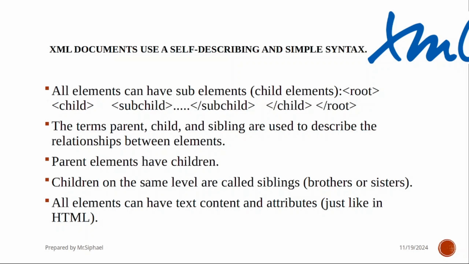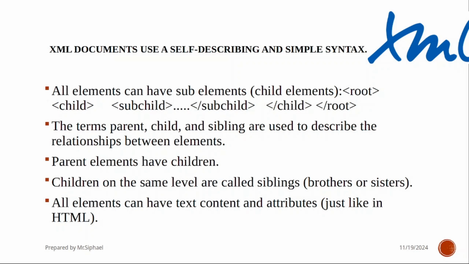The terms parent, child, and sibling are used to describe relationships between elements. If you've done HTML, you might have seen this. We'll also see what this is, roughly. Parent elements have children. If you have children on the same level, they're called siblings, brothers and sisters. It's kind of like how our families are.